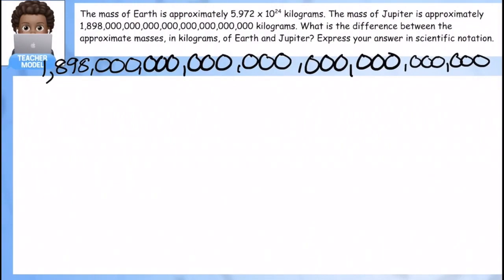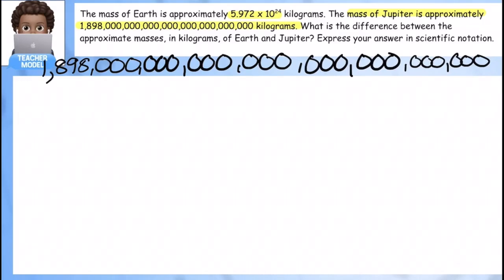I've already written it out. It's a very huge number in this problem. The mass of Earth is approximately 5.972 times 10 to the 24th kilograms. That's a very large number. And the mass of Jupiter is approximately, this number is so large I don't even know how to say it. This is me being very honest.